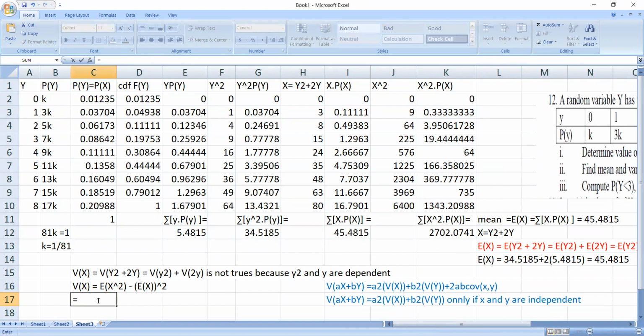Okay, so we get the variance is equal to 2702.0741 minus E of x, which is 45.4815 whole square.